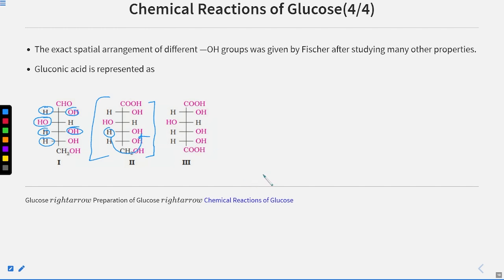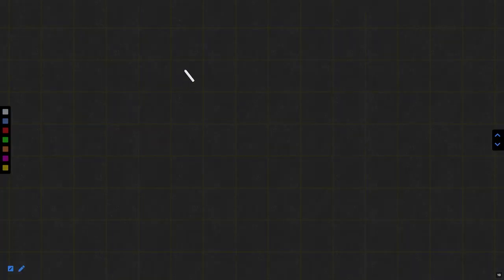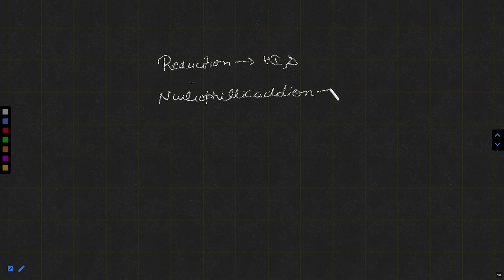So we have studied all types of reactions. First we have seen reduction. Reduction was with the treatment of HI and heat. Then we have seen nucleophilic addition. What have we added in the nucleophilic addition?